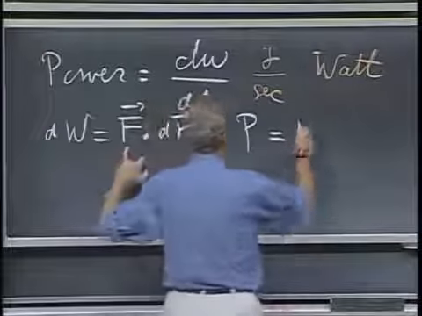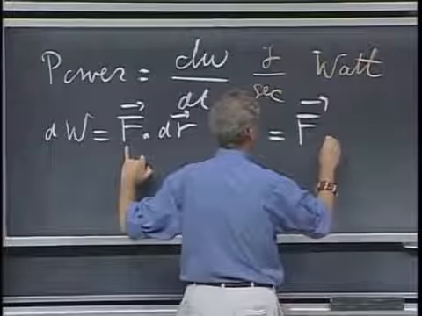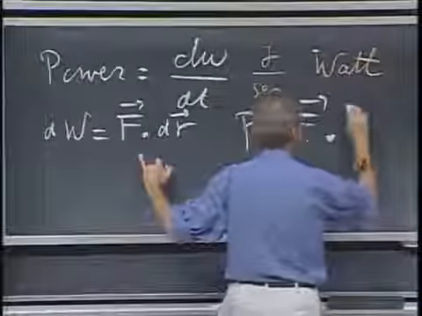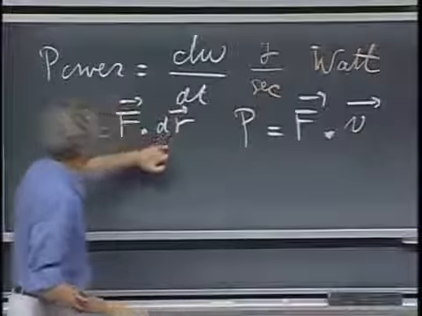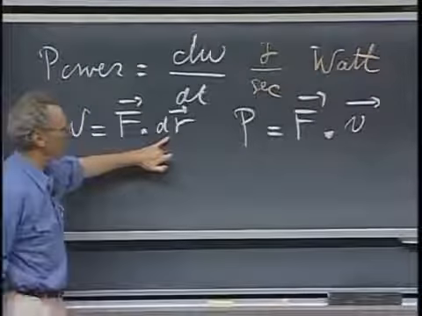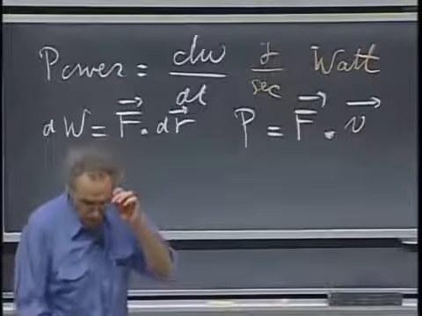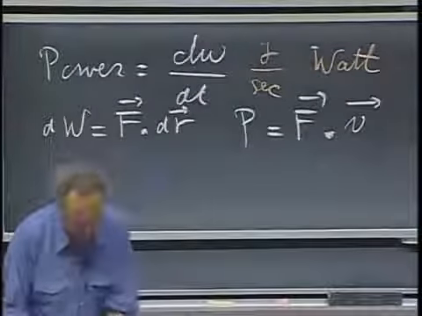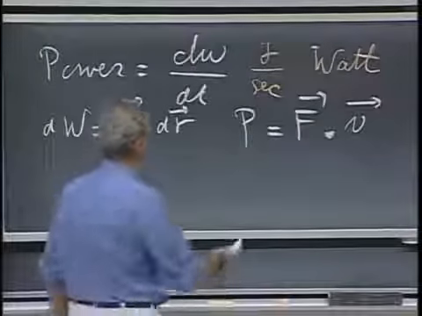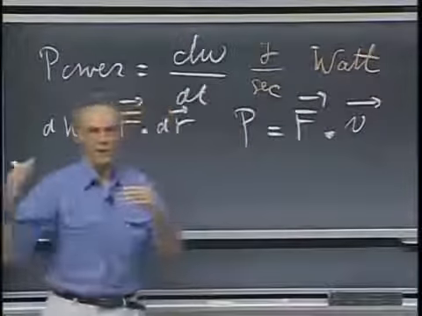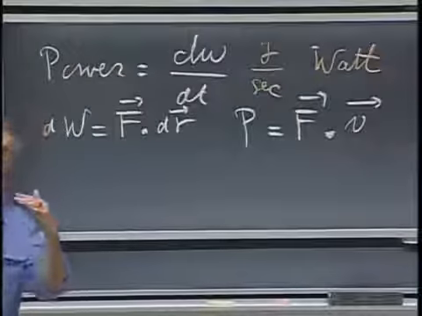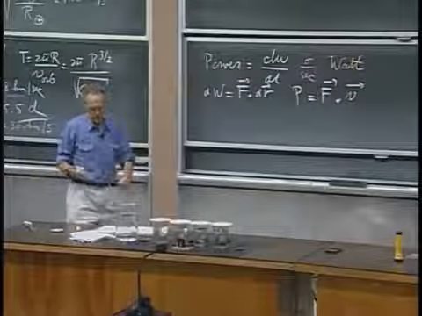And that is, if I keep the force constant for that short amount of time, the dot product of the force with the velocity, because dr/dt is simply the velocity of that object. So power is also force dotted with the velocity. If the force were perpendicular at all times to the velocity vector, then the power is 0.